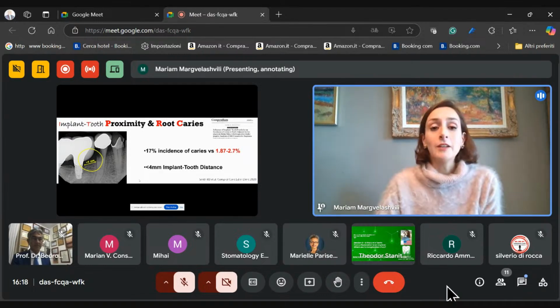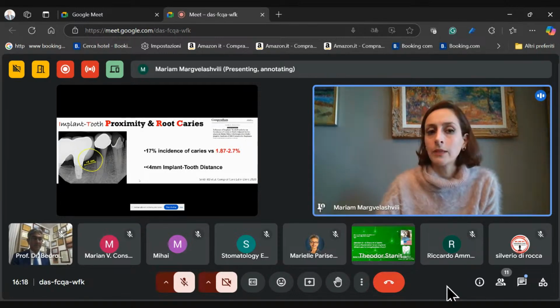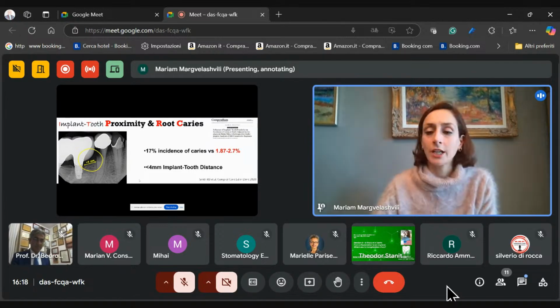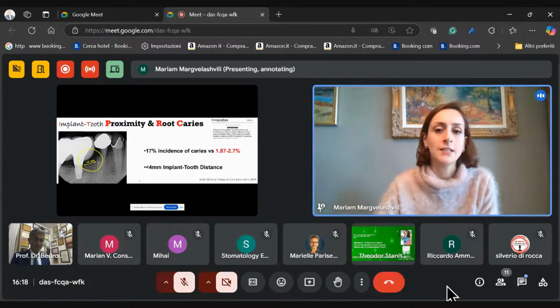This paper, I love it because it showed the problem that we all see in the clinic, but it documented and reported it. The teeth next to implants are more likely to develop root caries. Usually we see root caries in around 3% of teeth, but here we see root caries in 17% of teeth.